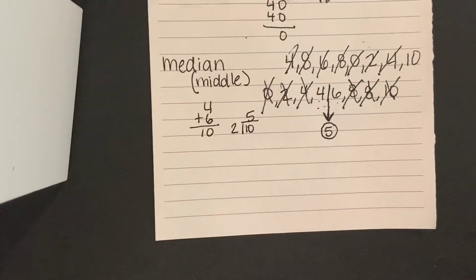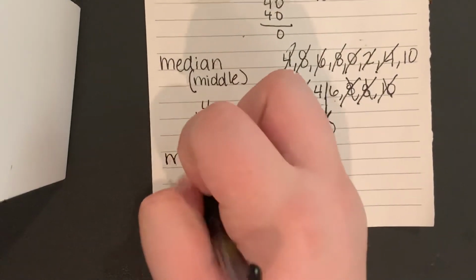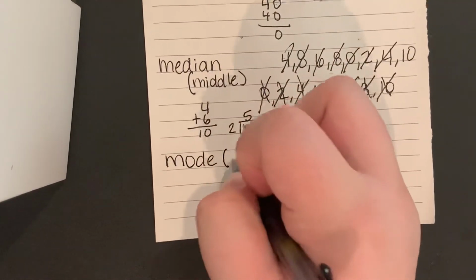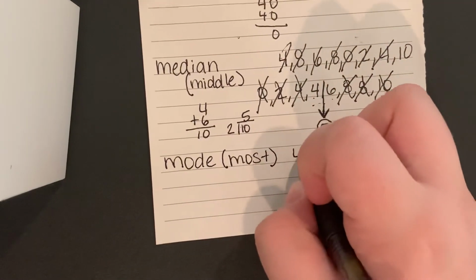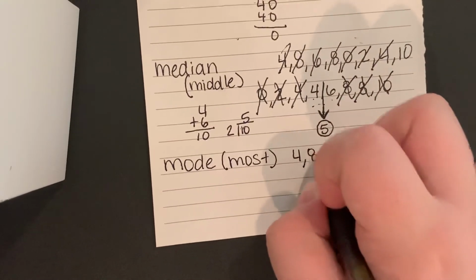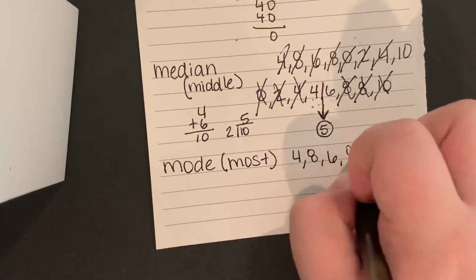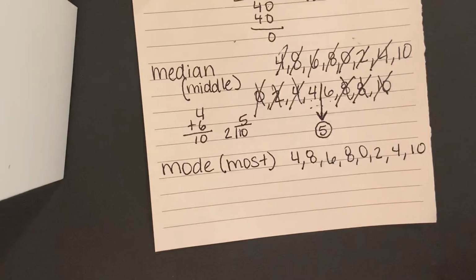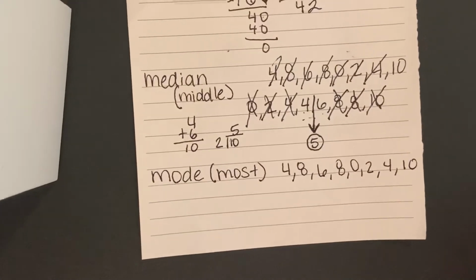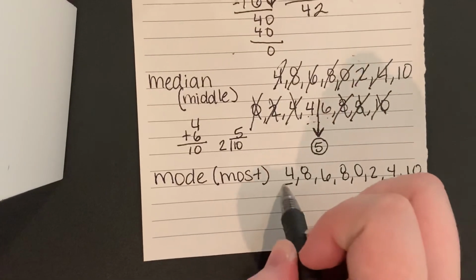And then let's go to mode. Mode, again, is the number we see the most. So I'm going to write them one more time. 4, 8, 6, 8, 0, 2, 4, and 10. And I see that I have 4 twice.